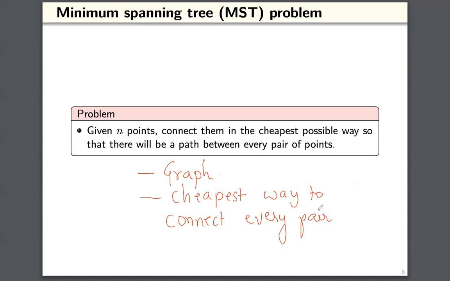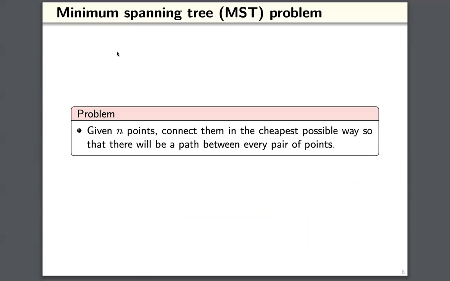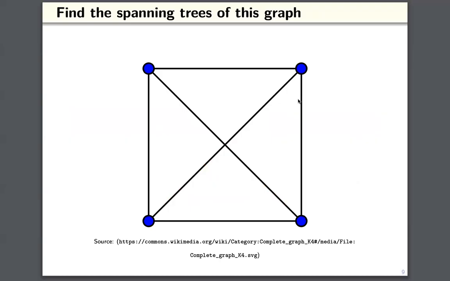Okay, that's your problem. Let's dig into this problem further. We will see the applications of this later once we understand all these phrases. What is a tree? What is a spanning tree? What is a minimum spanning tree? And then we will come to the application of it.